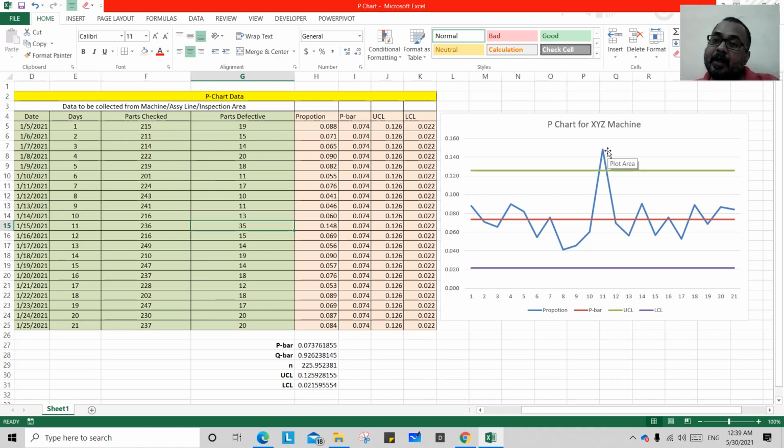This has to be investigated: whether the operator was changed, whether the setting was changed, whether the environment changed, whether some machine maintenance work was done, or the incoming material had some problem. The go no go gauge may have gone wrong. Anything may be possible. So for this particular day, if you get this number, it has to be investigated.